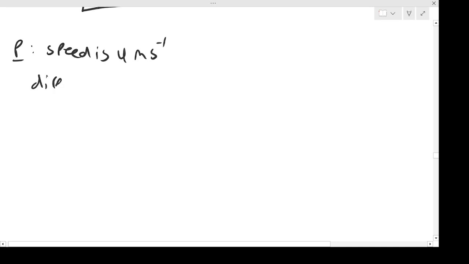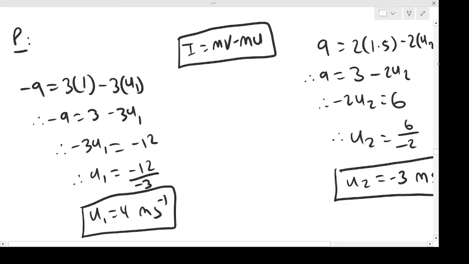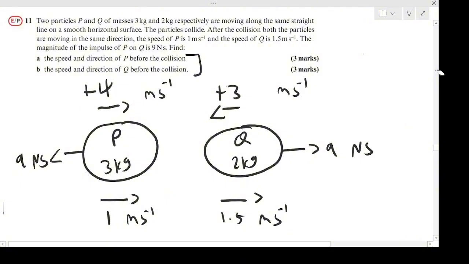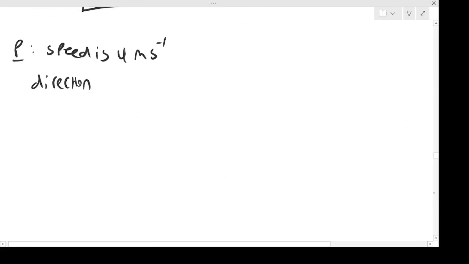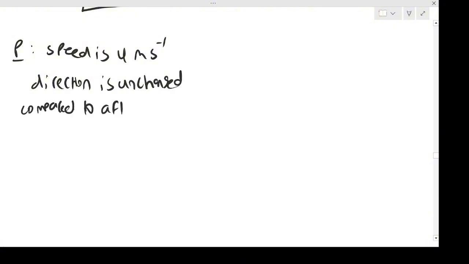And the direction, now, remember, when I describe direction, I need to use comparative language. So P is going forward and it's still going forwards afterwards. So the direction is unchanged compared to afterwards. And there we are.